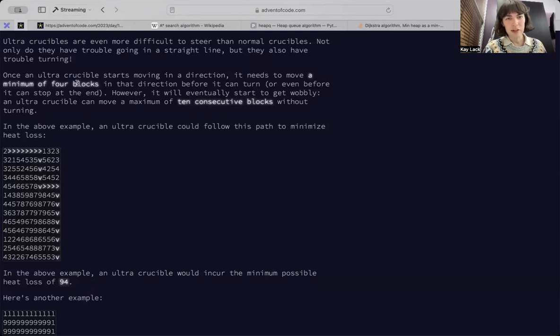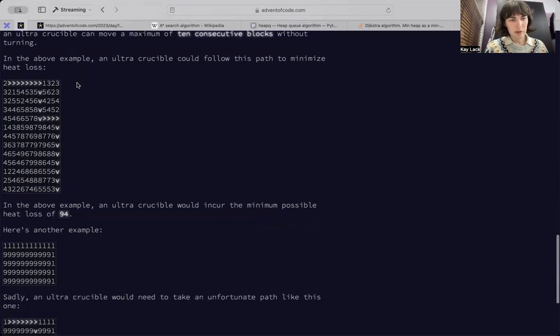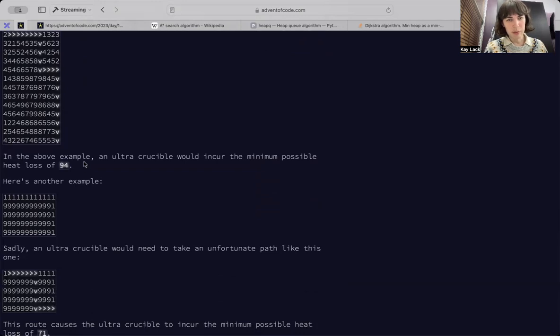However, it will eventually start to get wobbly. An ultra crucible can move a maximum of 10 blocks without turning. In the above example, an ultra crucible could follow this path to minimize heat loss. In the above example, an ultra crucible will incur the minimum possible heat loss of 94.